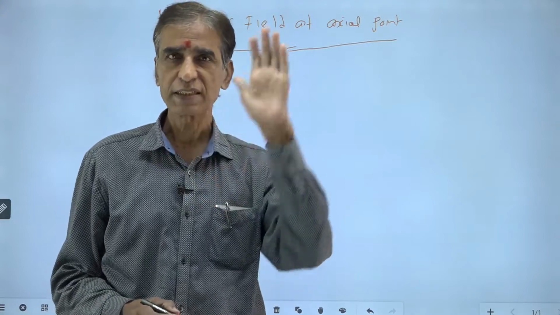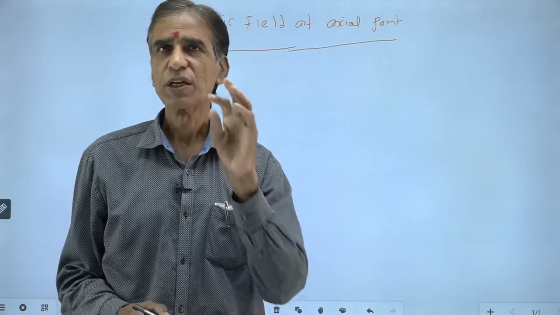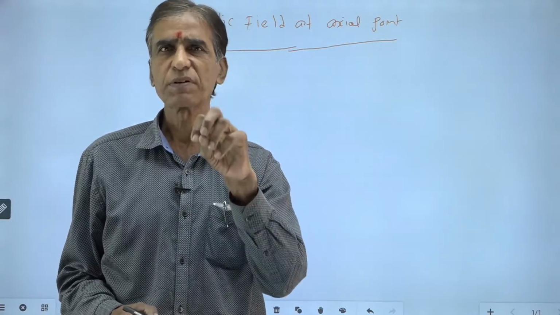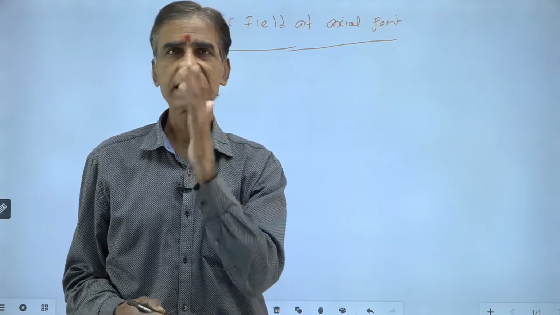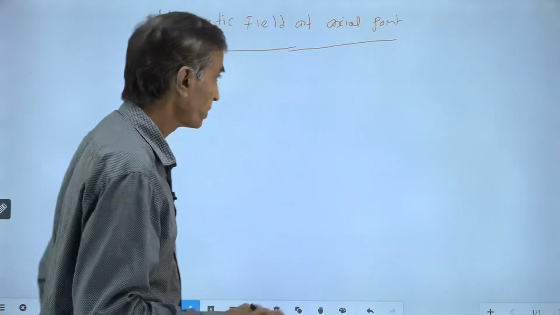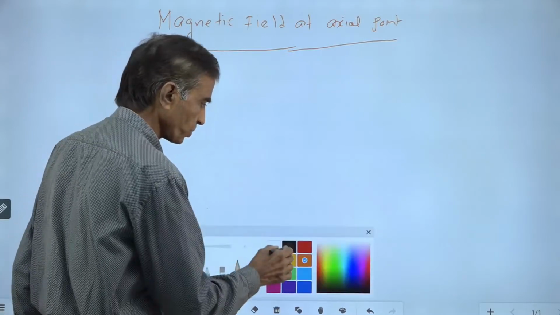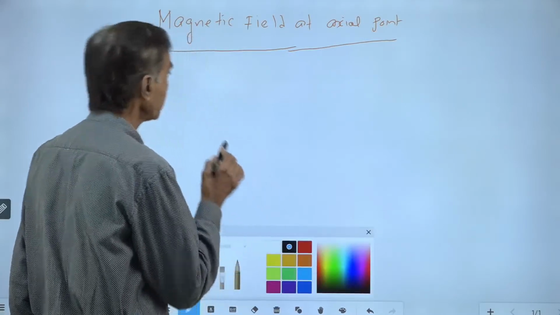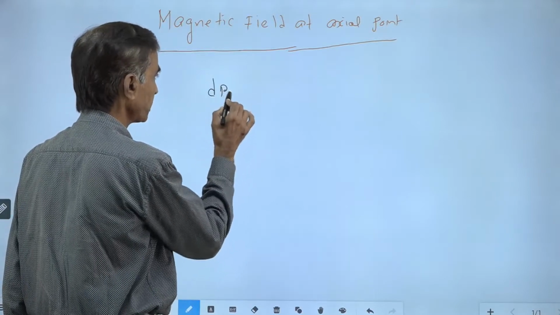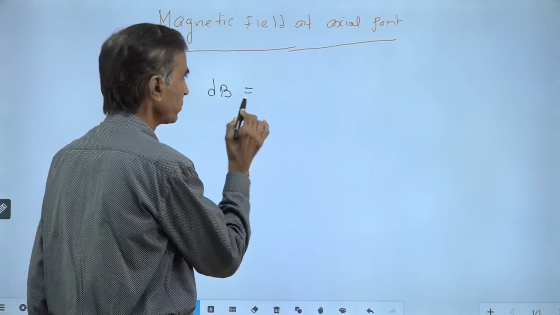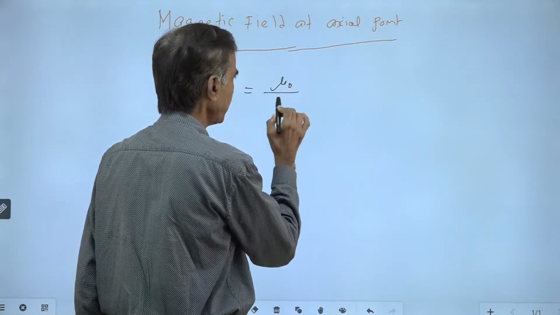So before going to discuss this axial point magnetic induction, I will tell you in a simple way how to take that angle theta. We are taking sin theta, no? What is the magnitude we have taken due to a current element? Due to a current element, we know the magnitude of the magnetic induction dB is equal to mu naught by 4 pi.